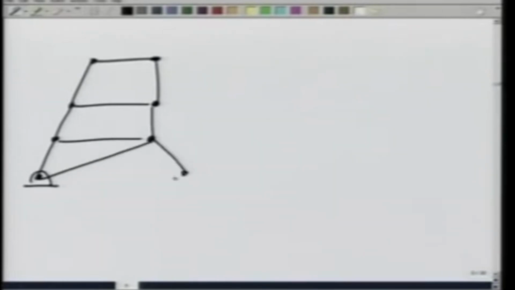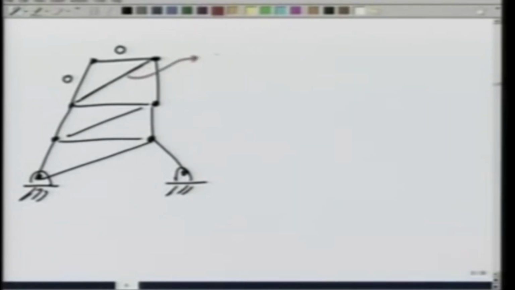So, let us see what all forces we have found in the truss. This is the truss. We found this force to be 0, this force to be 0. We found this force, let me put it in red. Let me just write this first: A, B, C, D, E, F, G, H. So, we found this force F_FD to be 23 newtons.